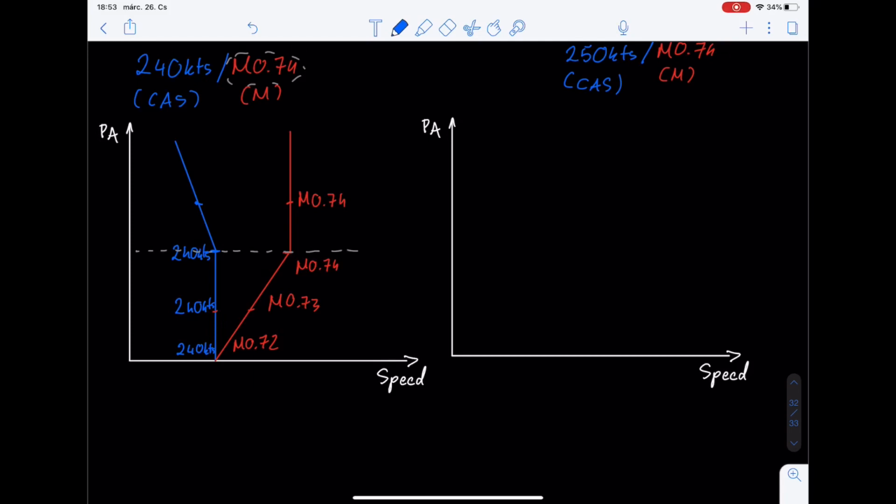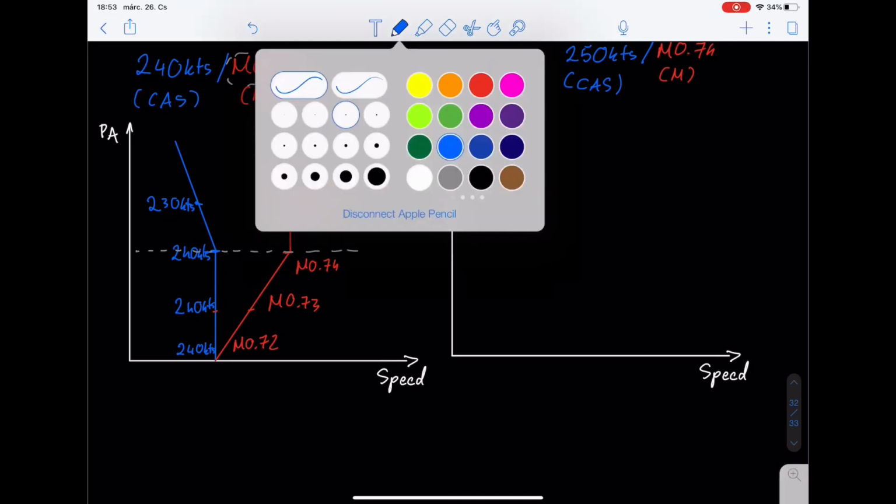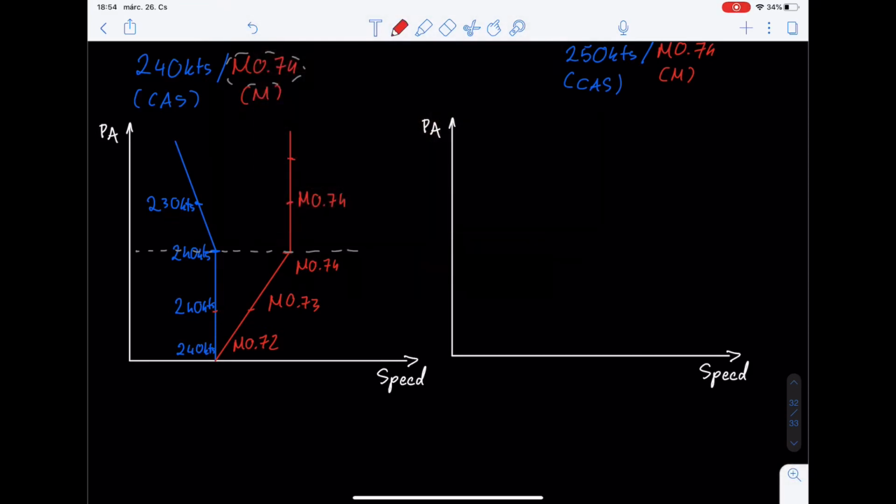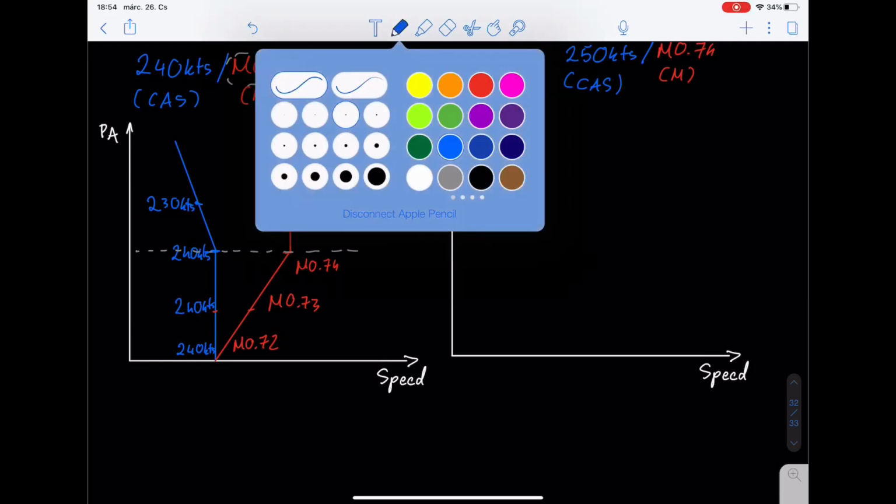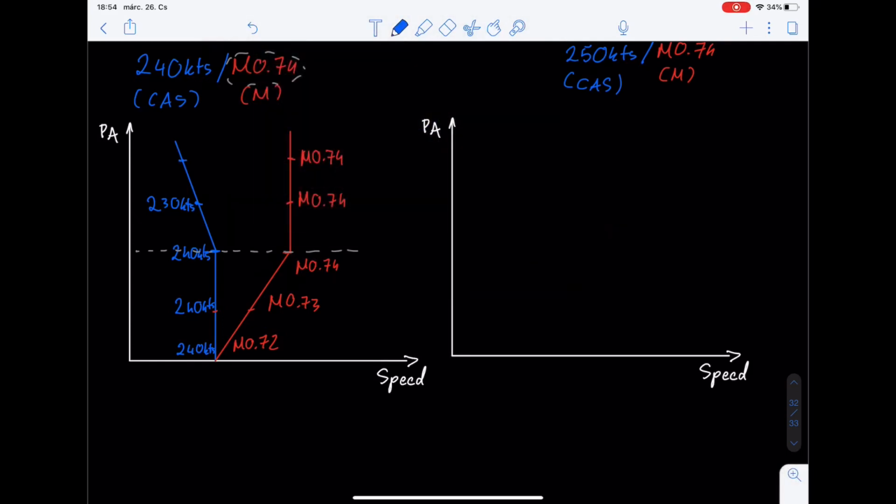So at this point, this would be maybe 230 knots. And at this higher point it is going to be, let's say, still 0.74, and the true airspeed at this point is 220 knots.